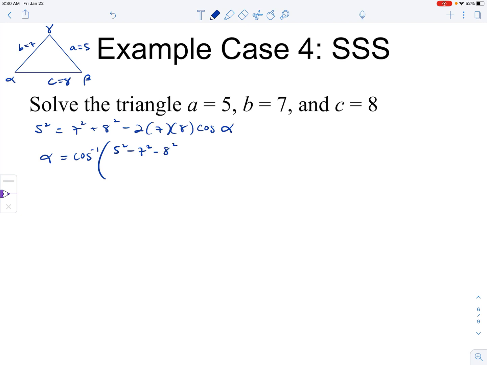So alpha will be equal to the inverse cosine of 5 squared minus 7 squared minus 8 squared divided by negative 2 times 7 times 8. Store that in your calculator. That's the exact value for alpha. And when you hit enter, that's approximately 81.787 degrees.